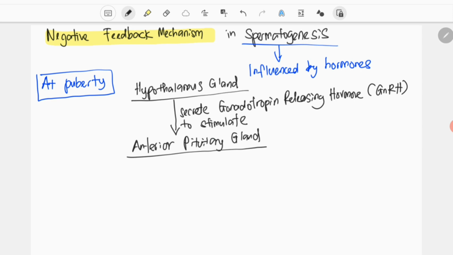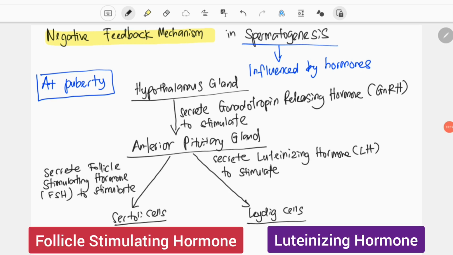So GnRH akan pergi stimulate satu lagi struktur lain yang kita jumpa dekat otak yang bernama anterior pituitary gland. So hypothalamus secrete GnRH. GnRH akan pergi ke anterior pituitary gland and then menyebabkan anterior pituitary gland to secrete another two hormone, which are follicle stimulating hormone FSH and luteinizing hormone LH.